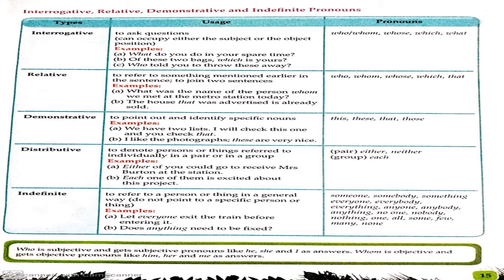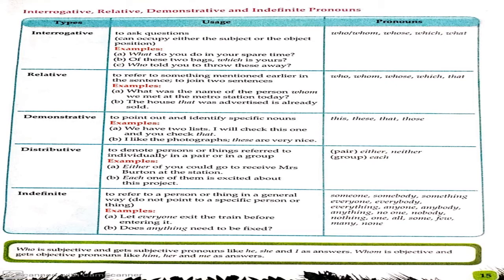Okay. Now next is a relative. So here relative pronoun often refers to something mentioned earlier in the sentence to join two sentences. Let's understand it through an example. What was the name of the person whom we met at the metro station today?